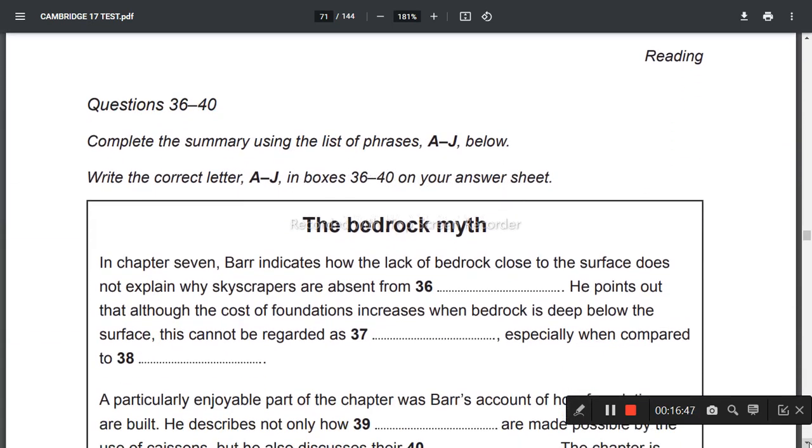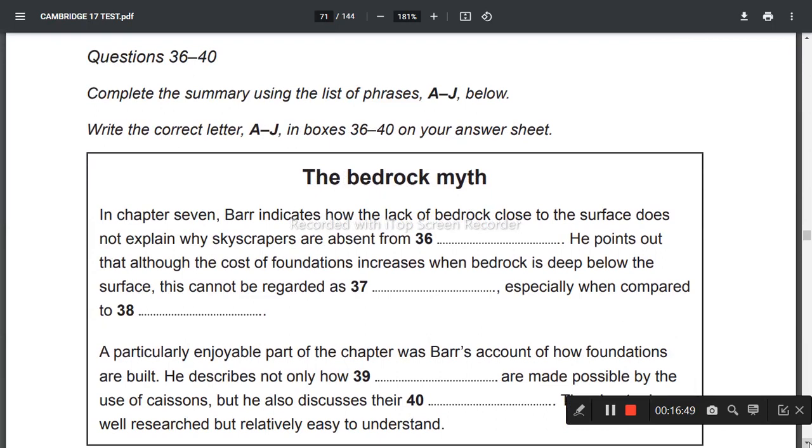Questions 36 to 40. Complete the summary using the list of phrases A to J. Below, write the correct letter A to J in boxes 36 to 40 on your answer sheet.